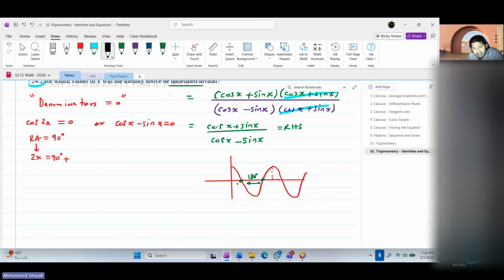It should be 90, that should be 270, that should be 450 degrees. So you can clearly see every 180 degree interval. Okay. So you're going to say 90 degrees plus 180 degrees.